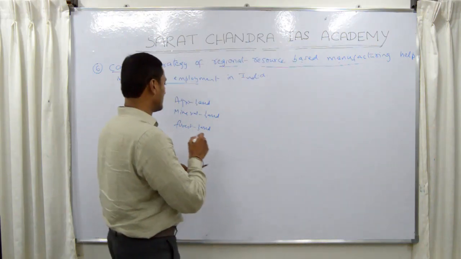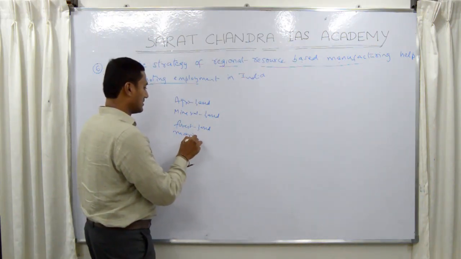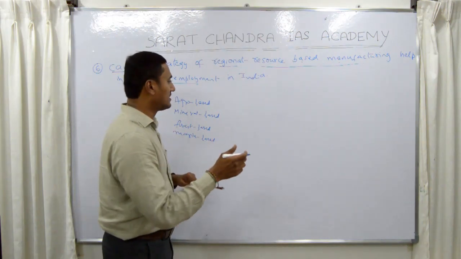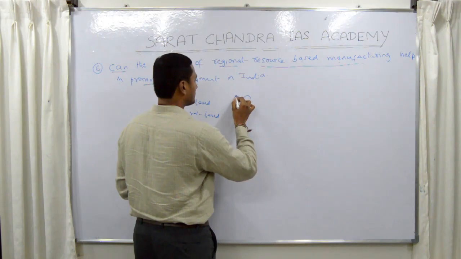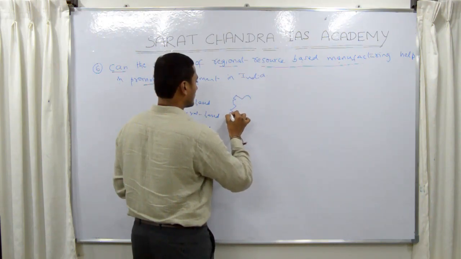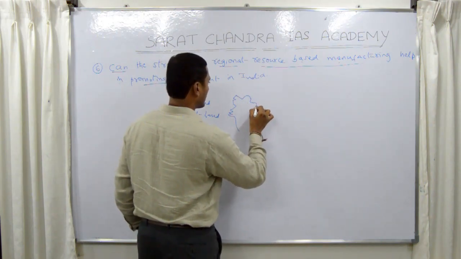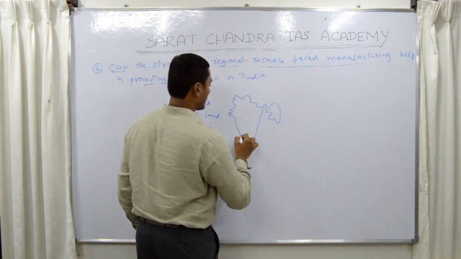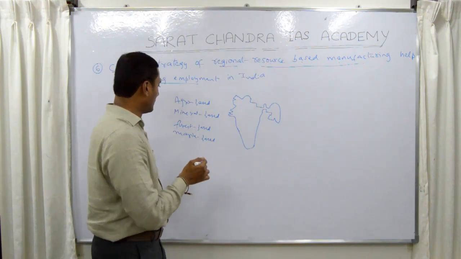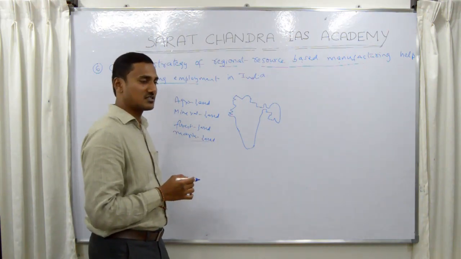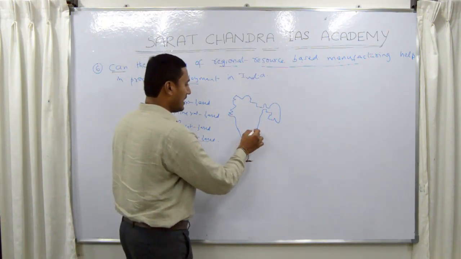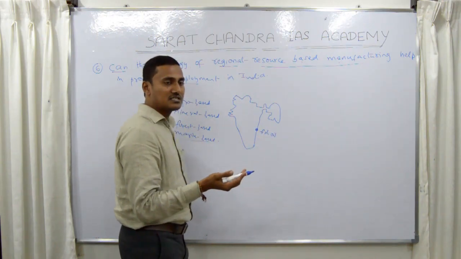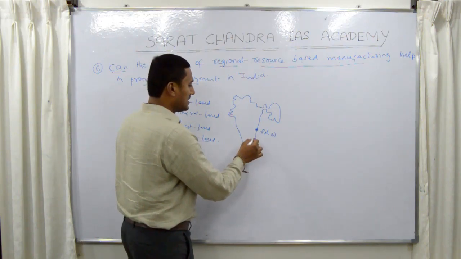Similarly, marine-based industries along the coastal areas. You can even draw the map of India and mention, for example, the marine-based industries, like maybe the fish oil industry or seafood processing industry along the coastal area.